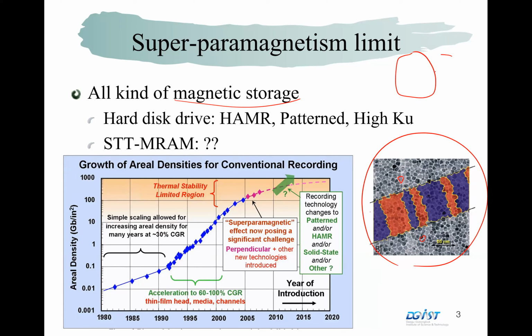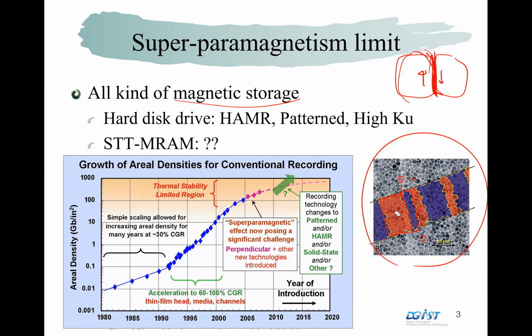Between this grain and this grain, we have a grain boundary, which has a slightly different composition because of some treatment of the material. This grain boundary has more volume of non-magnetic material, so the exchange coupling between these two grains is actually very weak. So each grain behaves like a single particle. That's why you can make such a region and define an up domain or down domain.